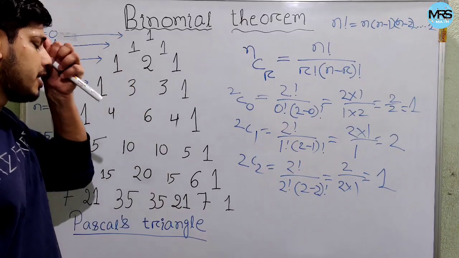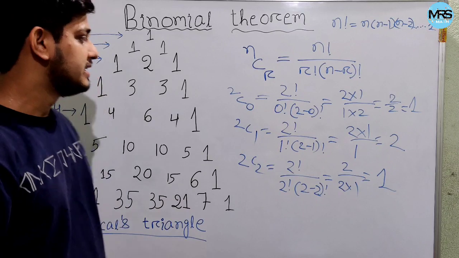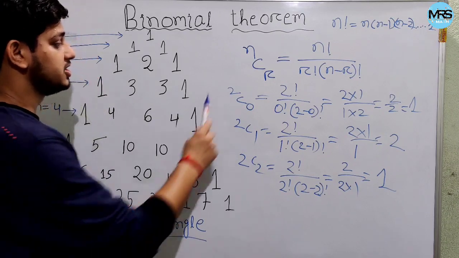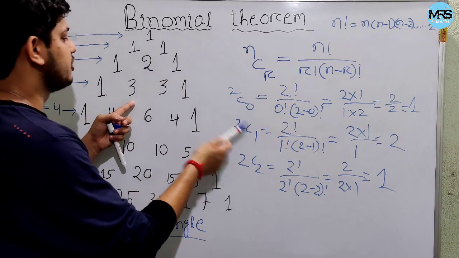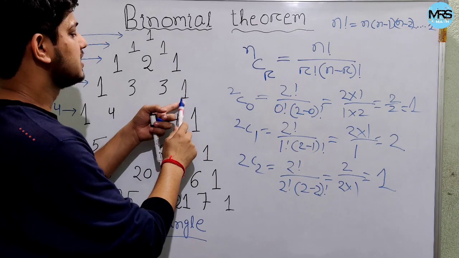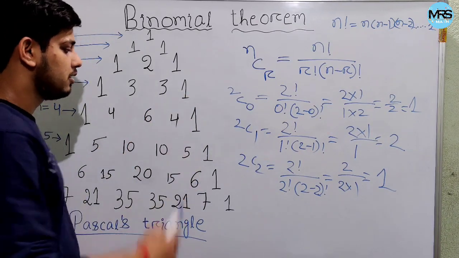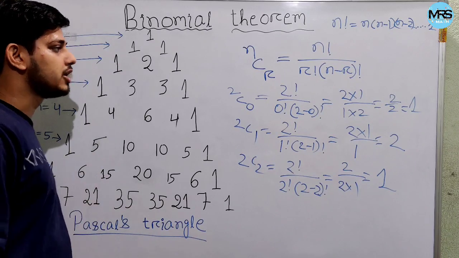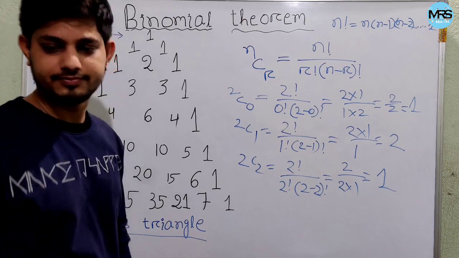So these members of the triangle we get from the combination. Similarly, if you calculate 3C0, that is 1, then 3C1 you will get 3, 3C2 you will get 3, and 3C3 you will get 1. Similarly, you can proceed for n equal to 7. So combination plays an important role here.